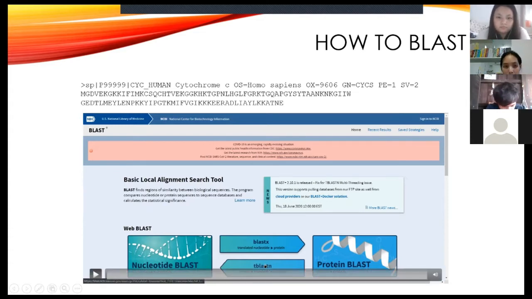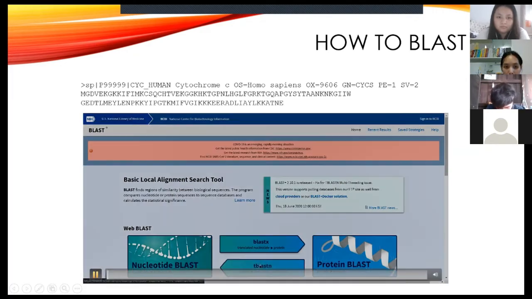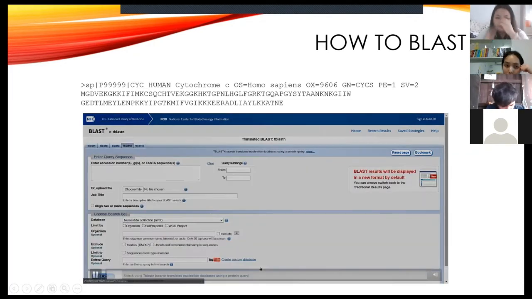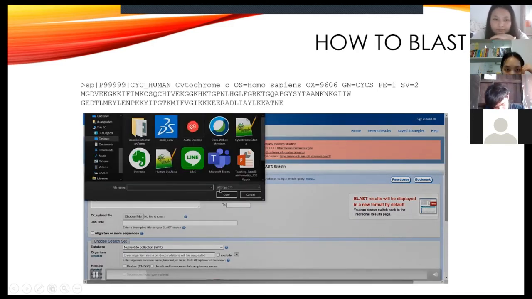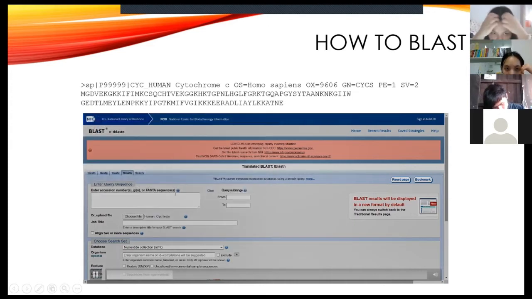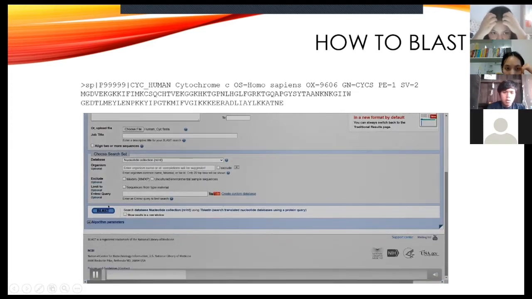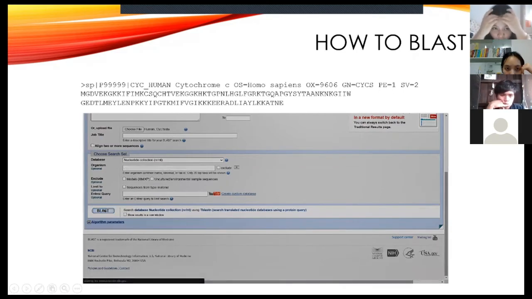When we BLAST, we do something like this. We go to BLAST at NCBI, and then input the 3 lines in, or you can use the text file, say the file name, human cytochrome C FASTA with these 3 lines, and we BLAST.